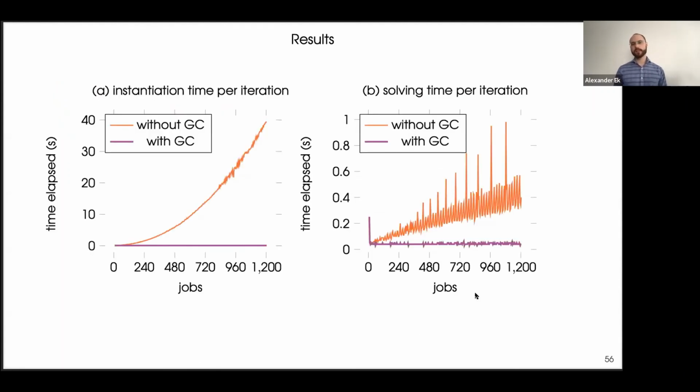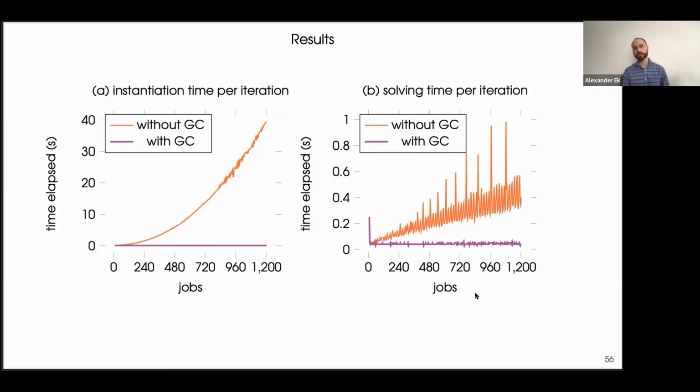We've seen this, but now I'm also showing solving time per iteration, with and without garbage collection. We saw that the instantiation time just shoots away without garbage collection, and we also see that the solving time slightly rises without it.